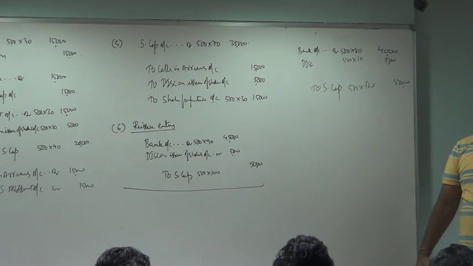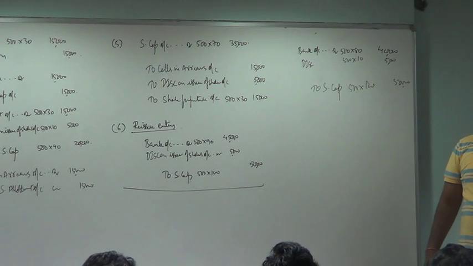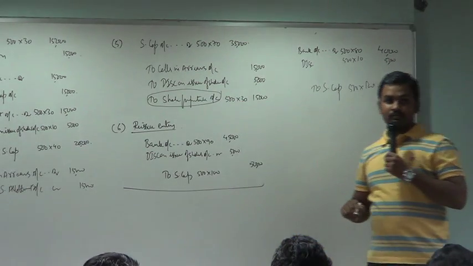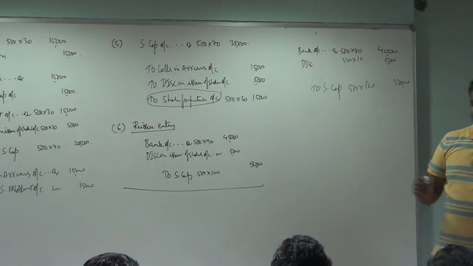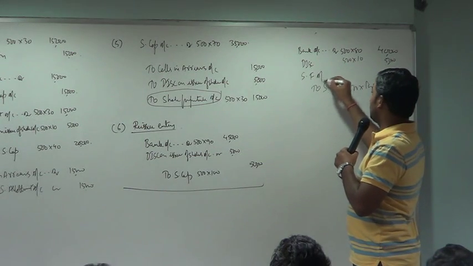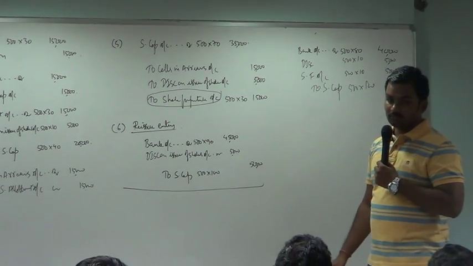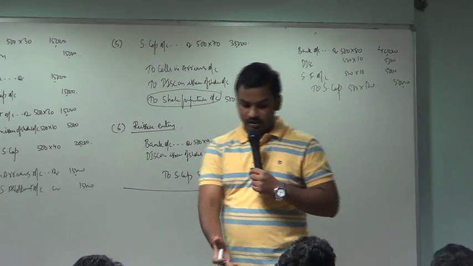Which account should I debit? Very good. Share forfeiture account, 500 into 10, 5,000. Is it clear?